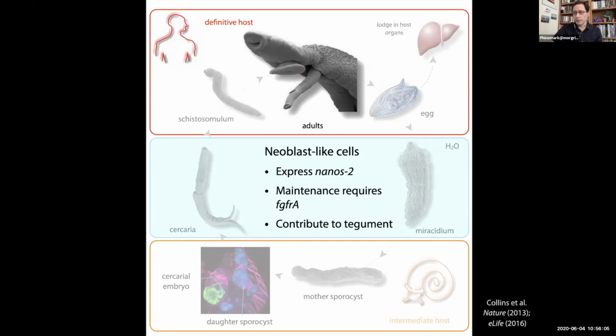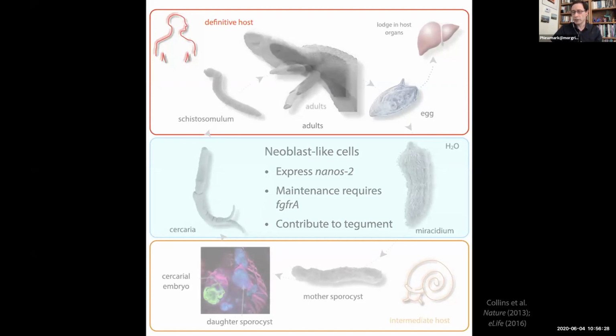And the stem cells are generating a huge number of precursors for the tegument to maintain it in the context of this presumed battle between the parasite and the host, where this structure is playing an important role in, and actually is the surface with which the parasite interacts with the host.